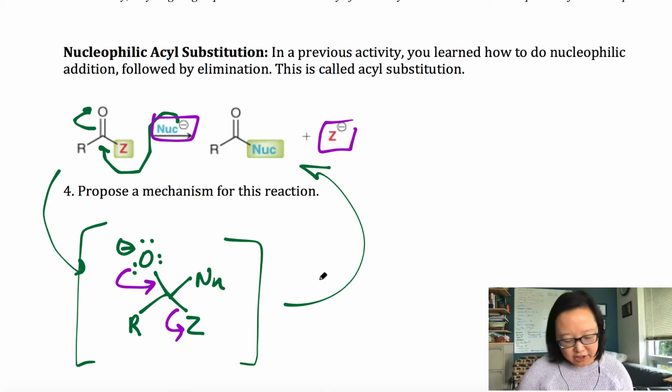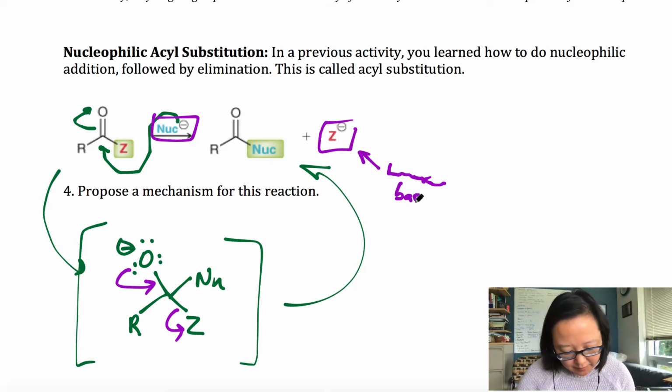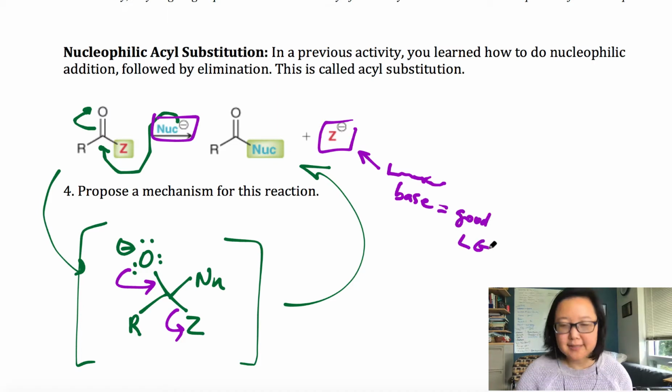In general, to drive this reaction forward, we want a weaker Z than the nucleophile. So we want a weaker base that's formed, and that's what makes a good leaving group. Back to first quarter concepts: a weaker base is a good leaving group.